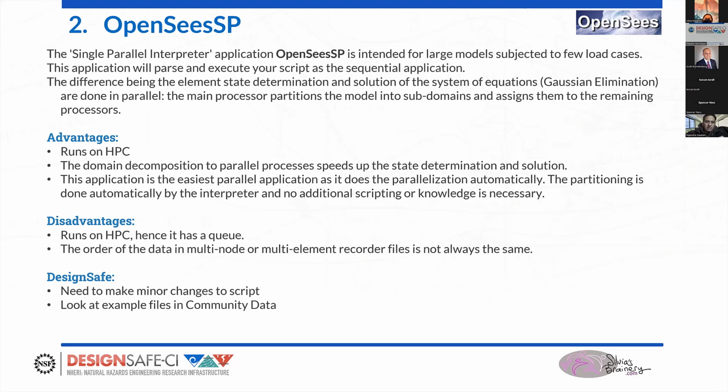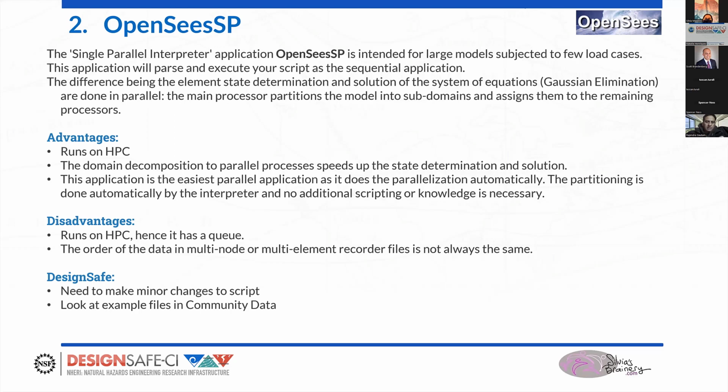So it does a domain decomposition and assigns each domain to the different processors, and then they do the state determination locally, and it recombines, and it does all this seamlessly. You don't really have to do anything other than specify parallel solvers.